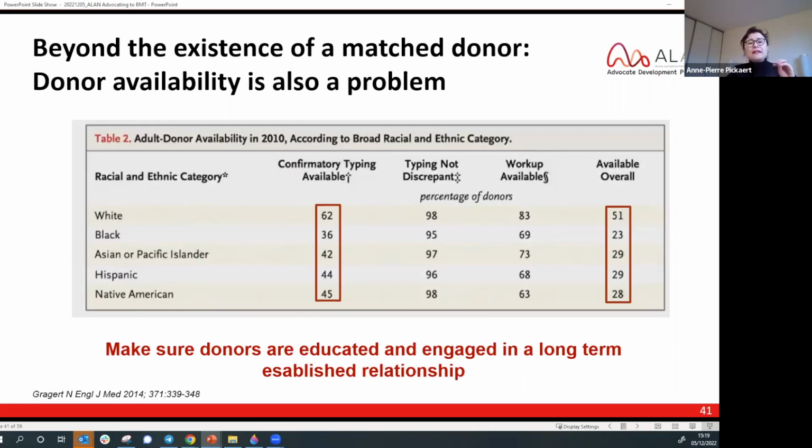So one thing is just to think of initiatives to make sure donors are educated, that they understand that they're engaged in a long-term relationship, because you register today, but you might be called in 4 years, 12 years' time, or never. But that there is still this ongoing relationship and knowledge of the potential of saving a life and being able to turn up on the day the donor is being called.